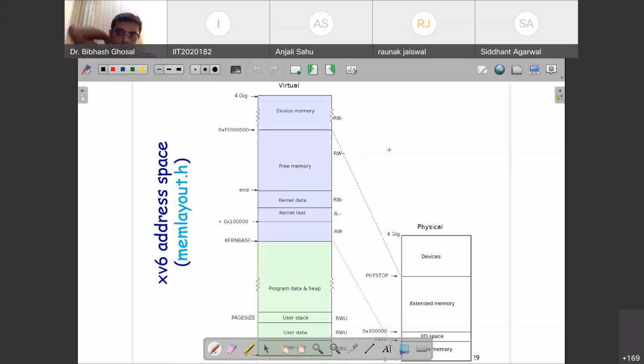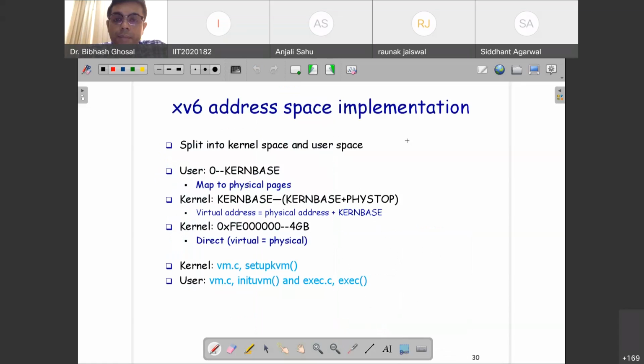And this is the free memory in the kernel, and the one shown in green is the one used by the user. You'll come across all this in the lab. This is to show you the files that are used for Xv6.